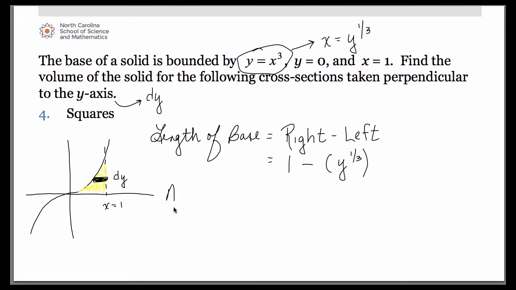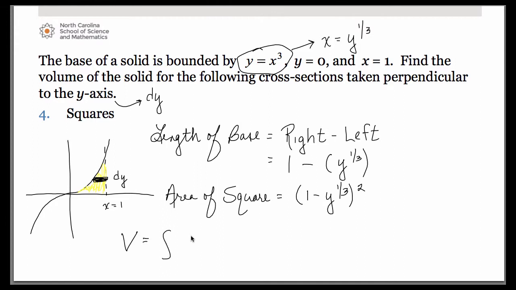So the area then of our square, so imagine that rectangle being the base of your square and the square rising up towards you. So the area is simply going to be that base, the quantity squared. Our volume then is going to be the integral of the area.